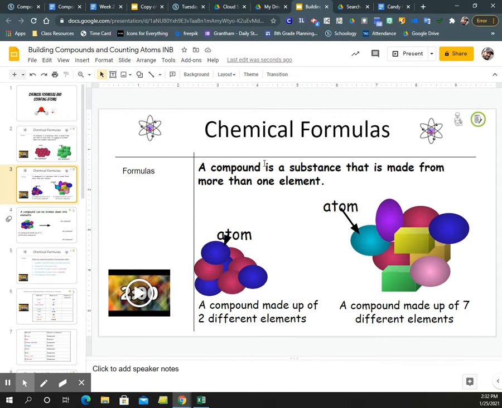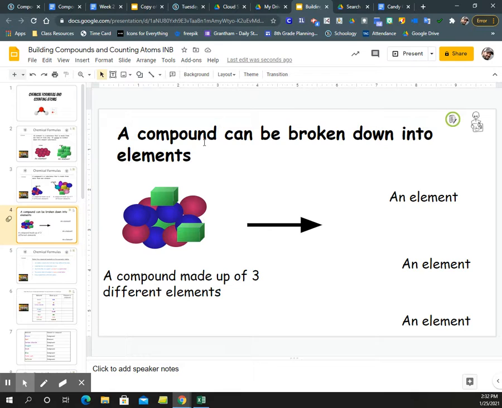A compound is a substance that is made up of more than one element. A compound can be broken down into its individual elements. So if we look here, these blue circles represent an element. We have some purplish ones that represent a different element, and then the green squares, which represent another.